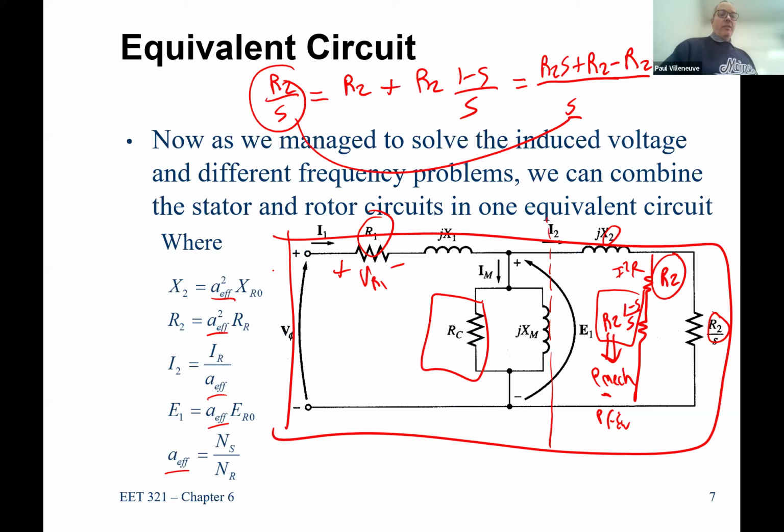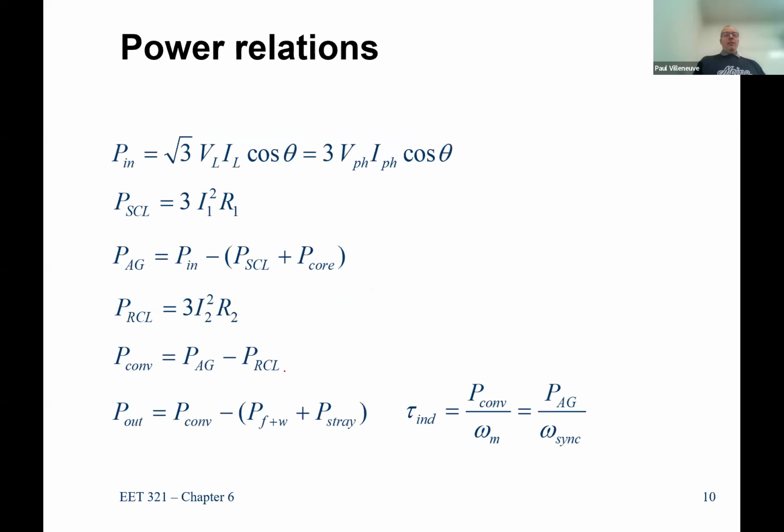Don't include this voltage here, because that's the total voltage drop across the machine. That's not the voltage drop across the resistor. So that doesn't work. My air gap power is equal to my input power minus my stator copper losses and core losses. You can see that from the figure.